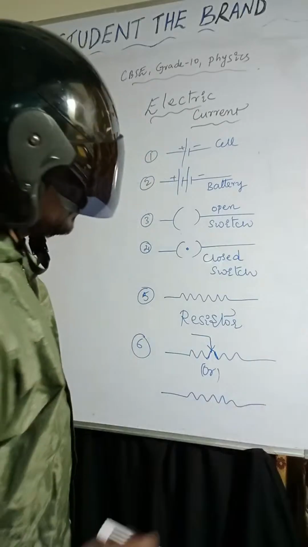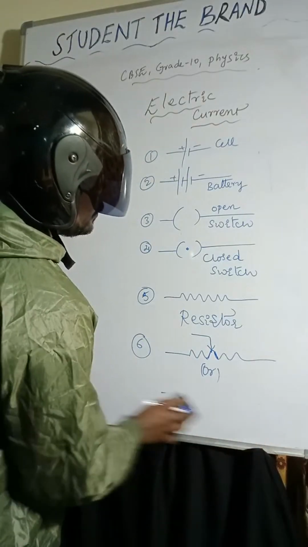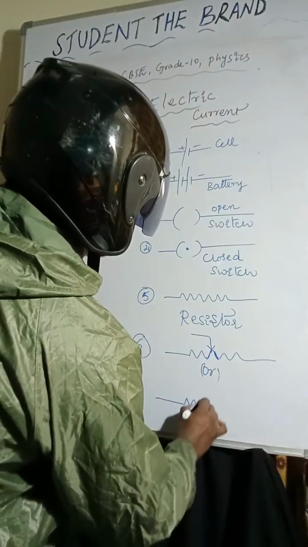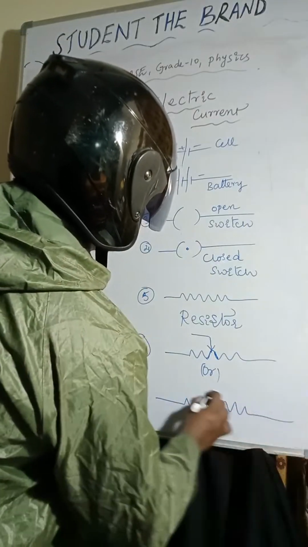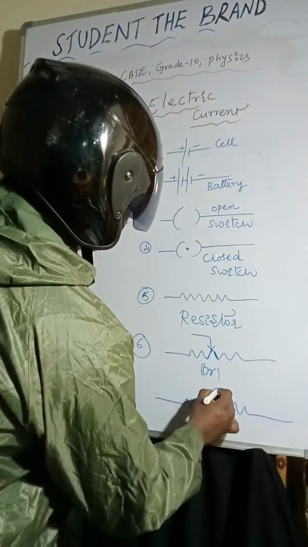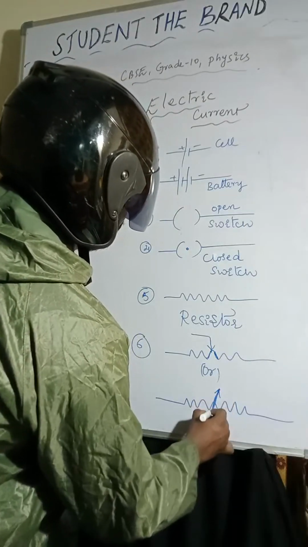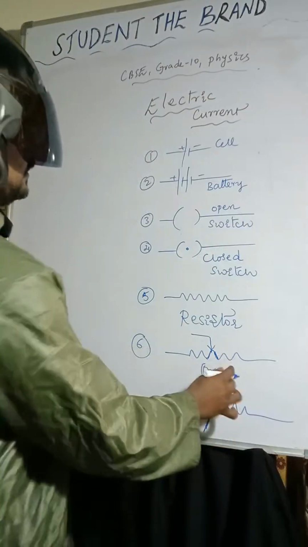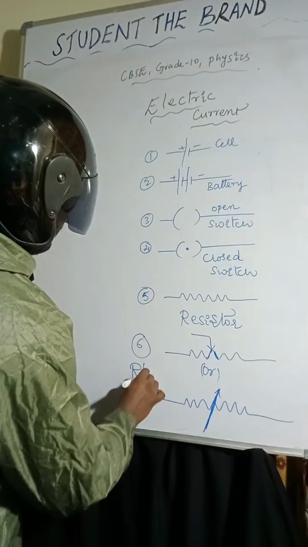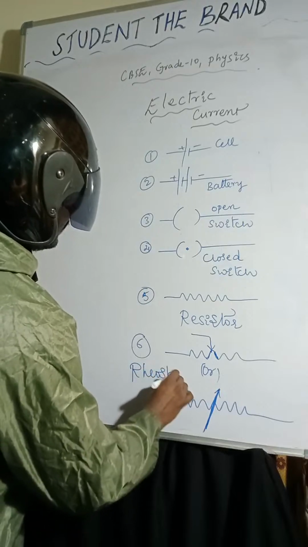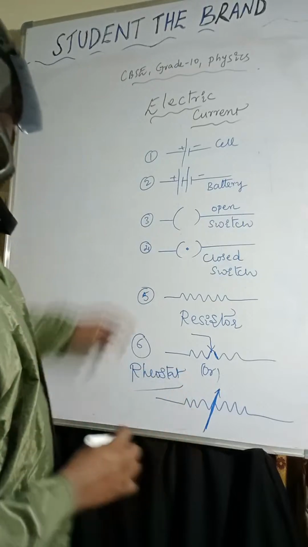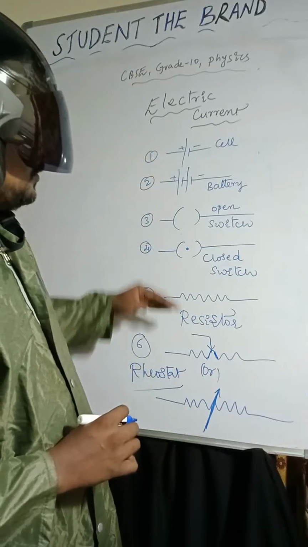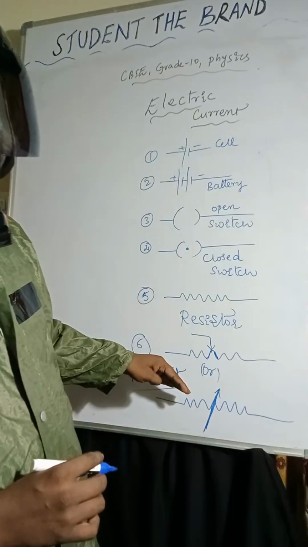Resistor. So this is the rheostat. Here, observe once: this is cell, battery, open switch, closed switch, resistor, rheostat.